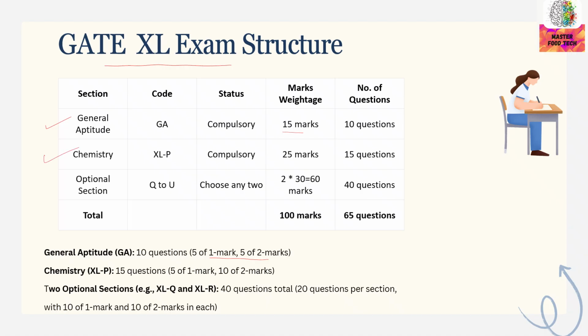Here you will have 15 questions, 5 questions of 1 mark and 10 questions of 2 marks. So a total of 25 marks. Next is an optional section. Here, from Q to U, these are the subjects, and you have to choose any two among them. So in total there will be 40 questions, 20 questions per section, with 10 questions of 1 mark and 10 questions of 2 marks. So this is the GATE XL pattern.